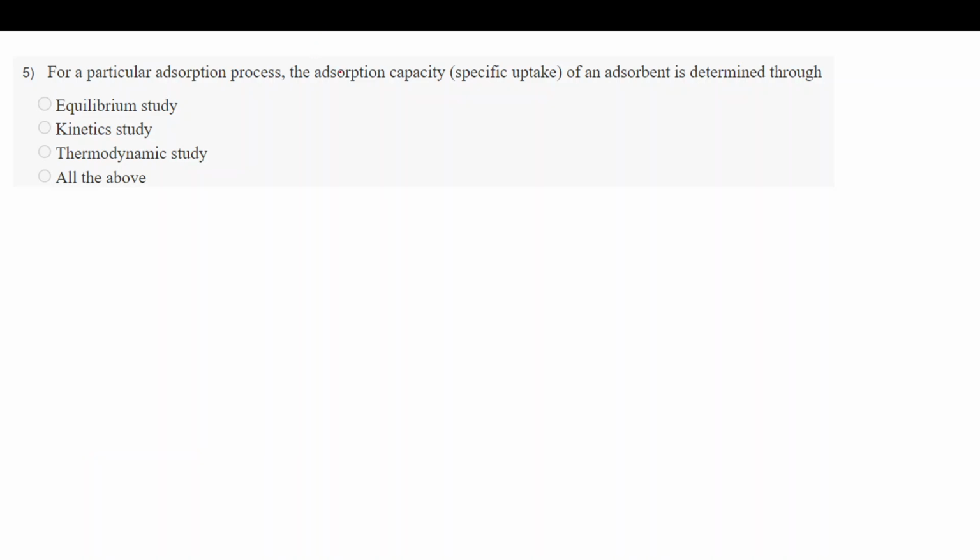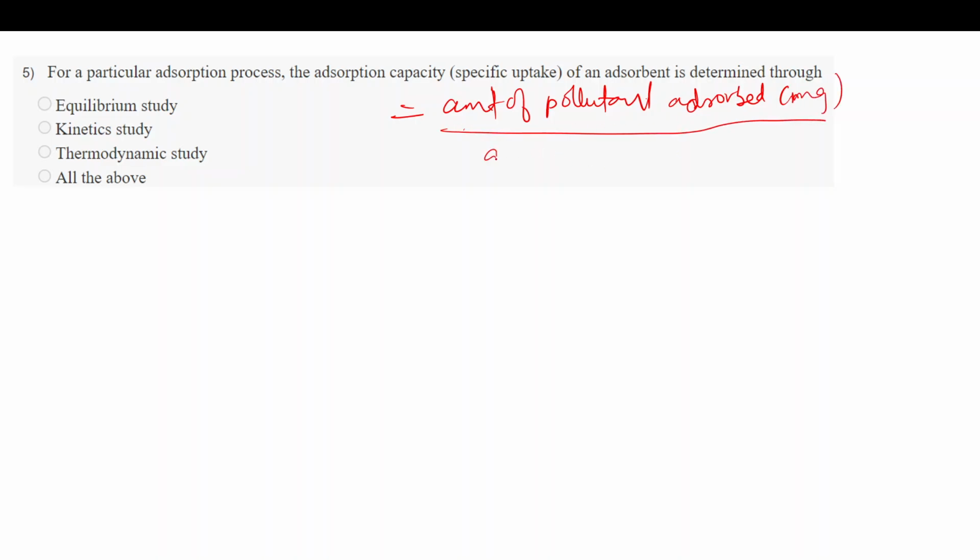Okay, so specific uptake is nothing but the amount of pollutant adsorbed in milligrams per gram of adsorbent, or the amount of adsorbent in grams, right? So for that, you need to do experiments which require an equilibrium study.